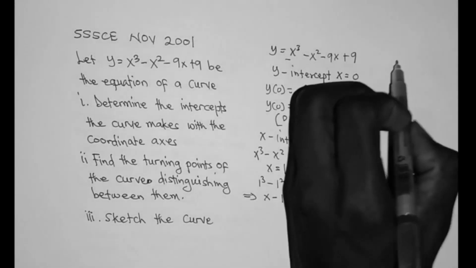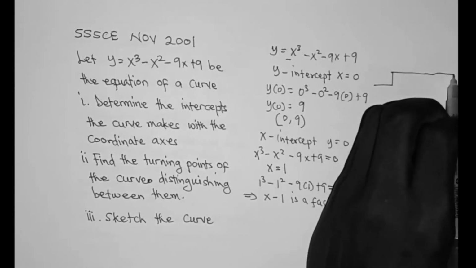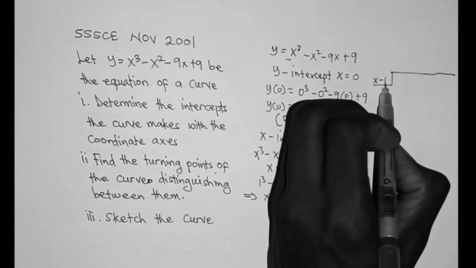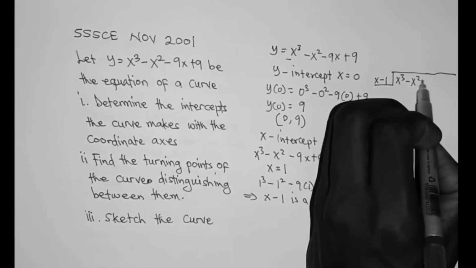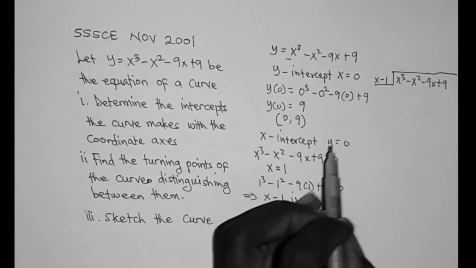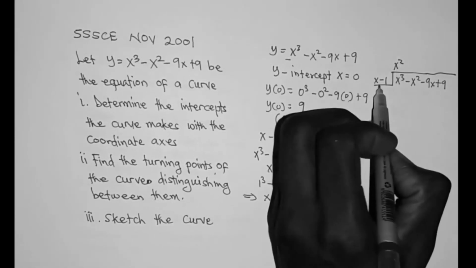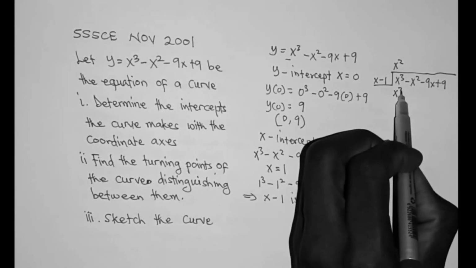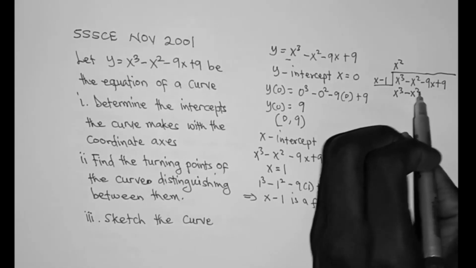So let's continue from this side. Let's do the division here. So we have x minus 1, and then we have x cubed minus x squared minus 9x plus 9. So x cubed divided by x is x squared. x squared times x is x cubed. Then x squared times minus 1 is minus x squared.